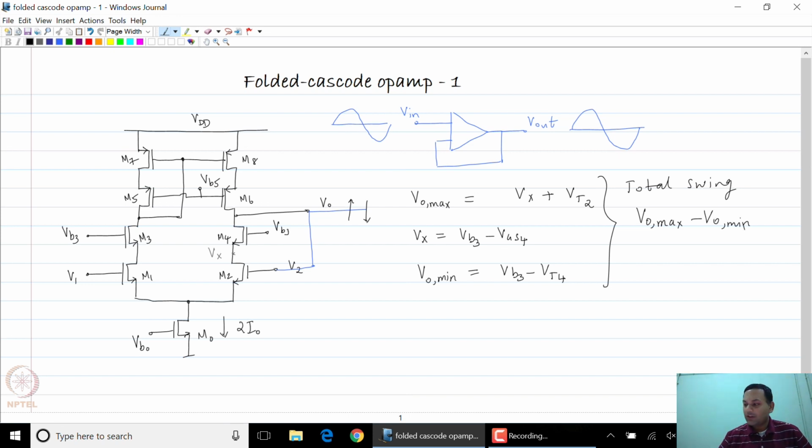So VO max minus VO min is equal to Vx plus Vt2 minus Vb3 minus Vt4.